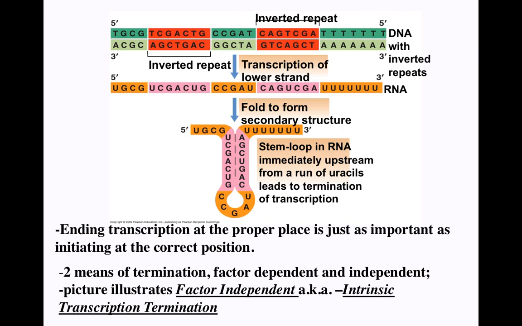Now, intrinsic tells you something. It tells you that the signal for terminating RNA polymerase activity lies within the nucleic acids being transcribed. And so the intrinsic terminator in DNA, which will stop transcription, has an architecture like this.